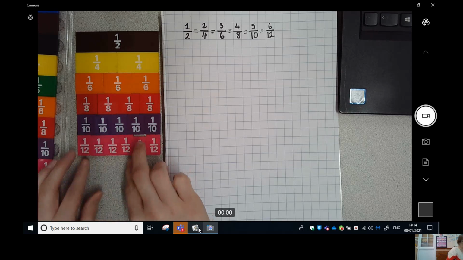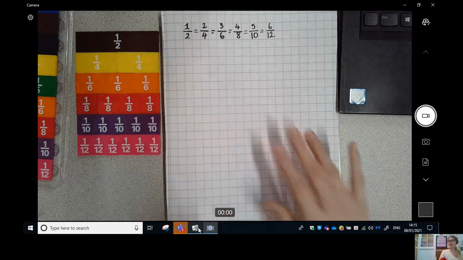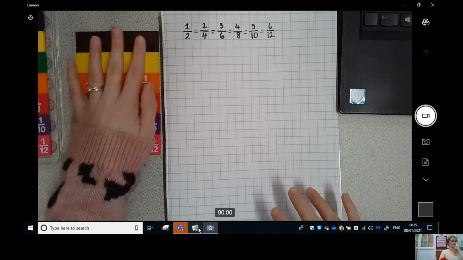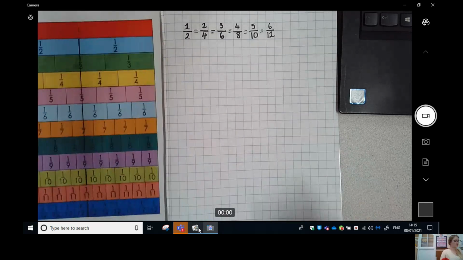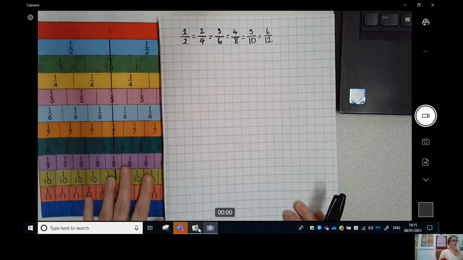So if you're feeling really creative, you could take some pictures, or you may even want to draw that out to represent it. So once you've done one family, you're going to move on to the next family. So when you're on the next one, you're going to look at 1/3. So we're just working our way down the unit fractions.